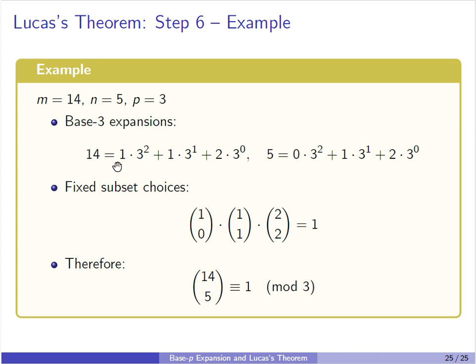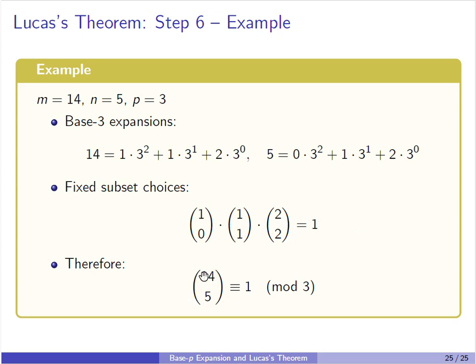Now, what the theorem was saying is that if you do 14 choose 5, so 14 combination 5, the answer is congruent to 1 mod 3. This is because it's equal to the product of 1 combination 0, 1 combination 1, and 2 combination 2, which are all just 1.